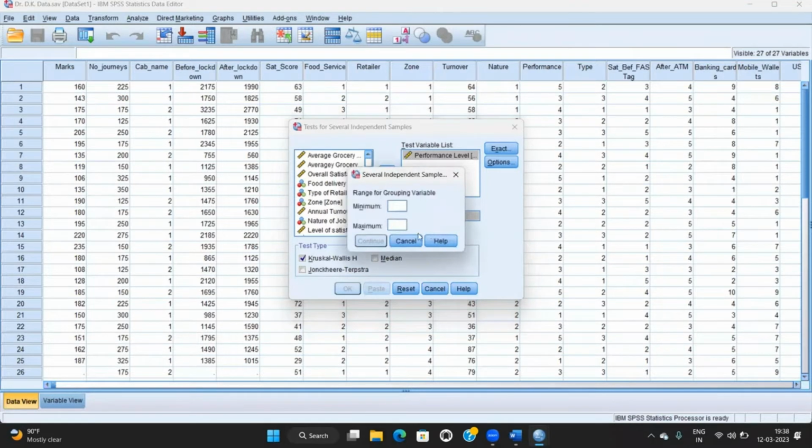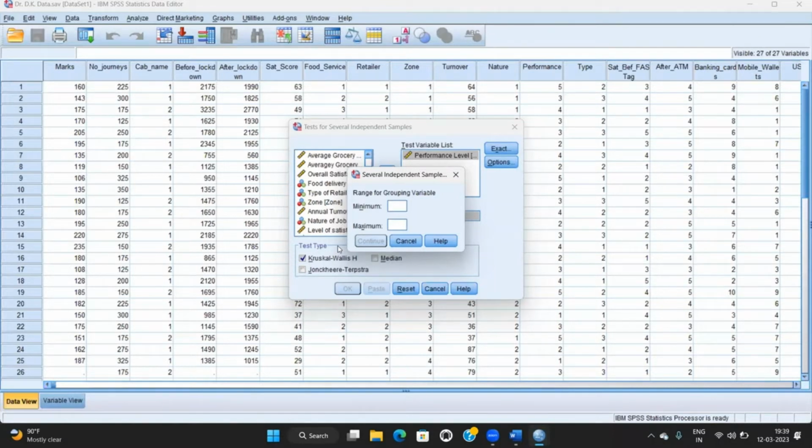If you select that, the sub window will be appearing like this: minimum, maximum. Earlier it was group 1, group 2 because there were only 2 groups. But here several independent samples are there. So what is minimum? What is maximum? How many samples are there? We have 3 samples.